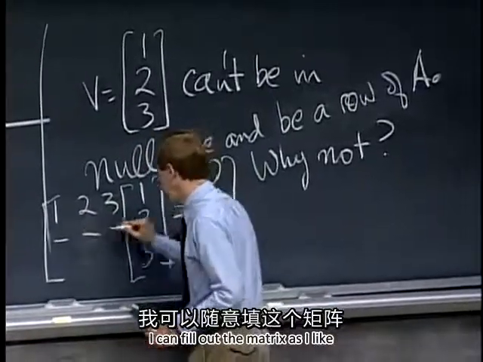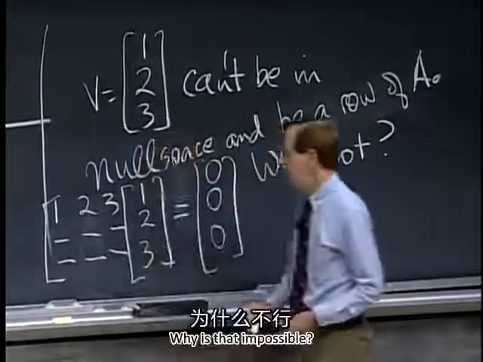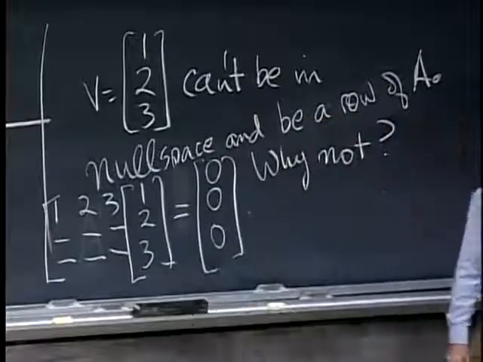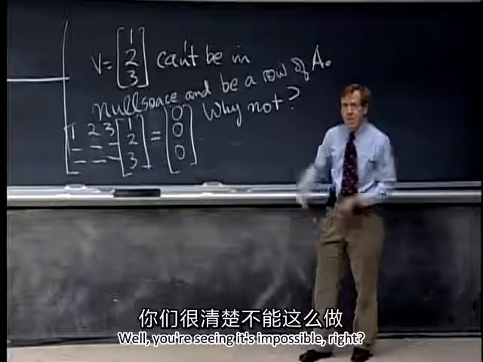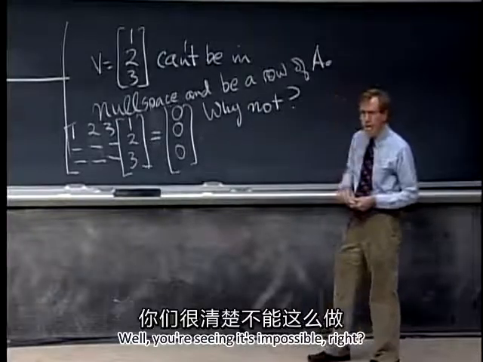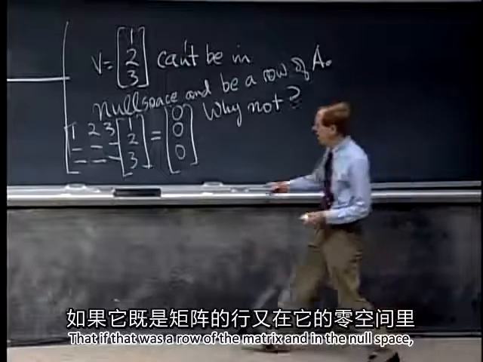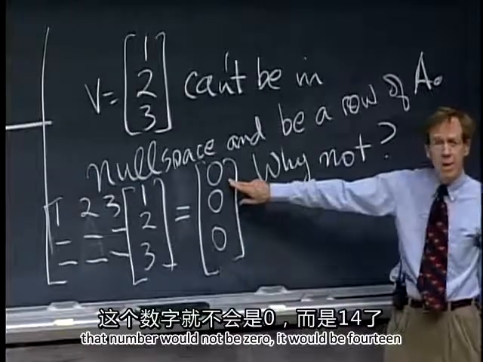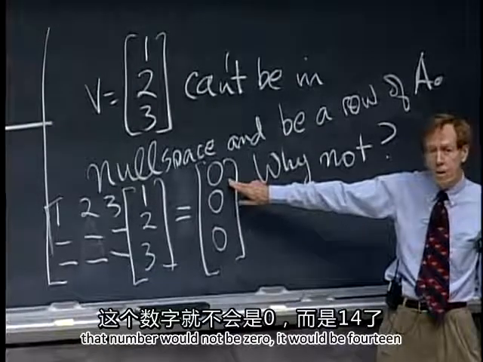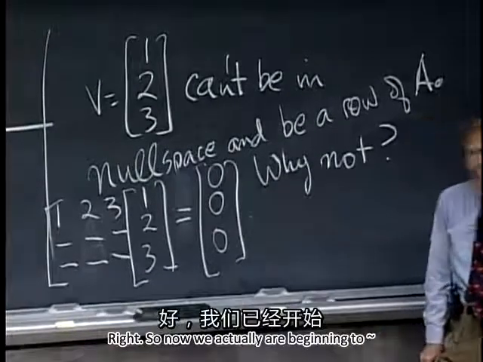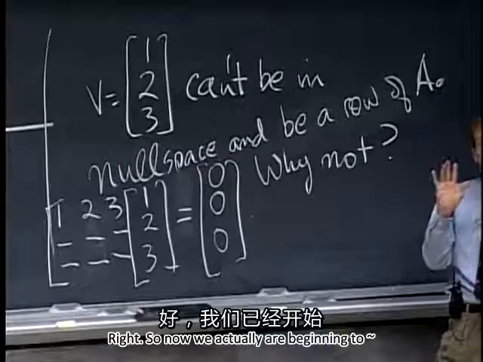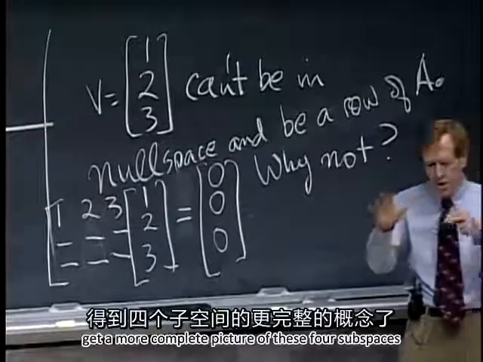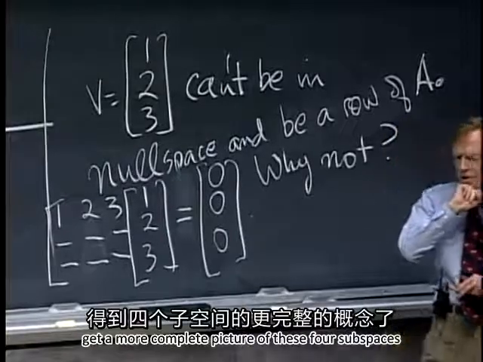I can fill out the matrix as I like. Why is that impossible? Well, you're seeing it's impossible, right? If that was a row of the matrix and in the null space, that number would not be 0, it would be 14. Right.